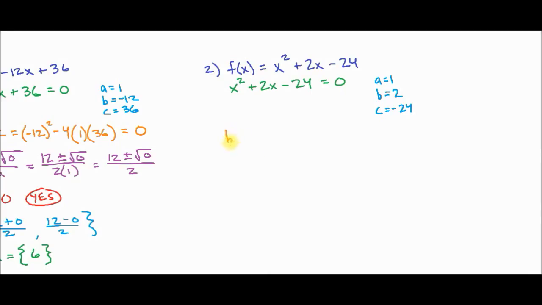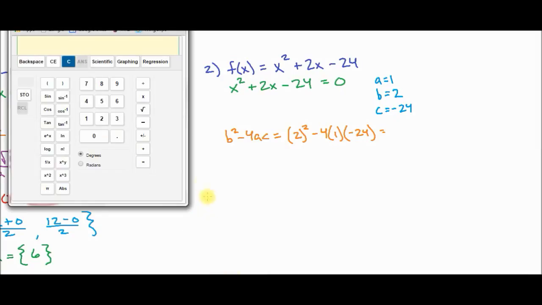So we're going to find what is b squared minus 4ac. Again, class, I'm going to write this exactly the same way you would plug it into your calculator. We've got b squared, so we've got 2 squared minus 4 times a times c. And let's see what that equals.